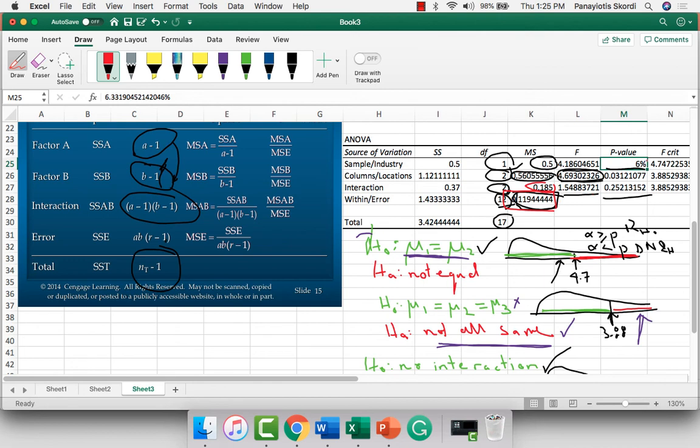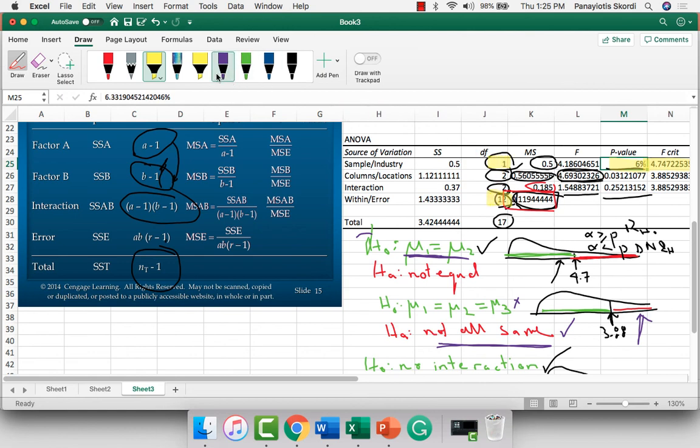And then finally, when you're doing your p-values and your f-criticals, it's going to ask you for degrees of freedom. When you're working on that data, the degrees of freedom that you're going to use to work these 2 out are going to be 1 and 12.